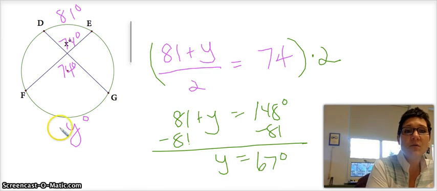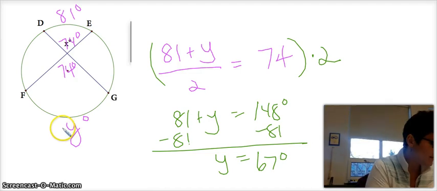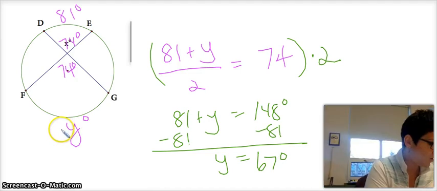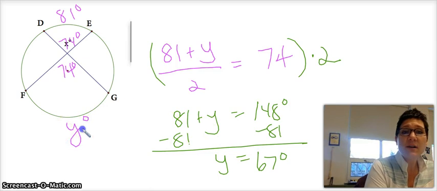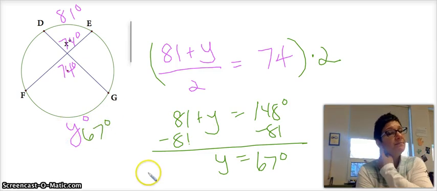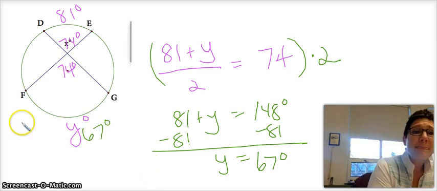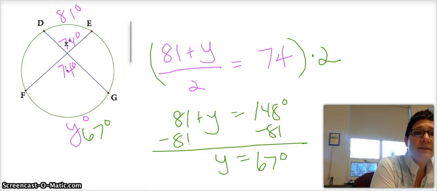So this arc is going to be 67 degrees. If I do 67 plus 81 and divide by 2, I get 74. How cool is that? All right, let's do a couple more, and then I'm going to send you guys off into the sunset.